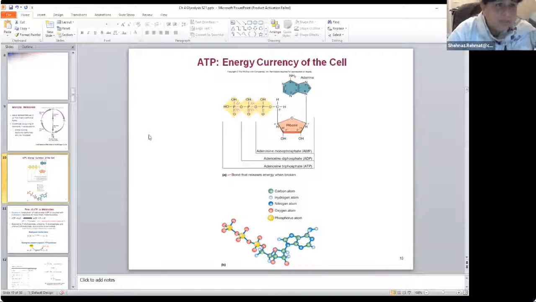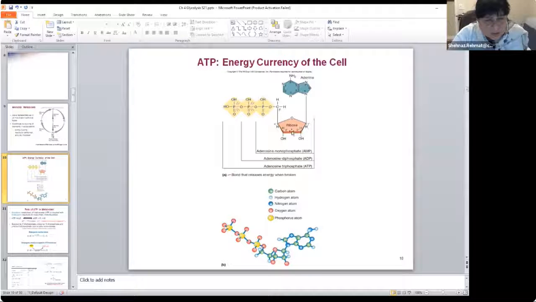So let's talk a little bit about ATP. You've heard of ATP and you have probably understood it very well. Just to recap for you, ATP is considered to be the energy currency of the cell, which will drive a lot of reactions for us. And it is adenosine triphosphate. So adenosine is, of course, your nucleoside. The nucleoside always has the nitrogenous base and the sugar.